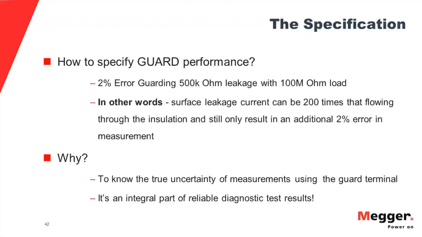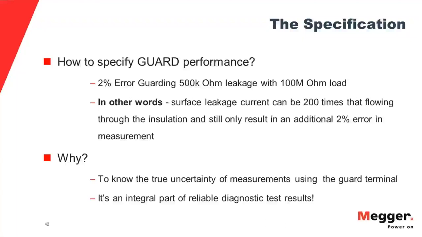So a low guard terminal resistance can defy your arc flash protection, your IEC 1010 protection. So it's a balancing act between these two competing functions to design a good guard terminal.